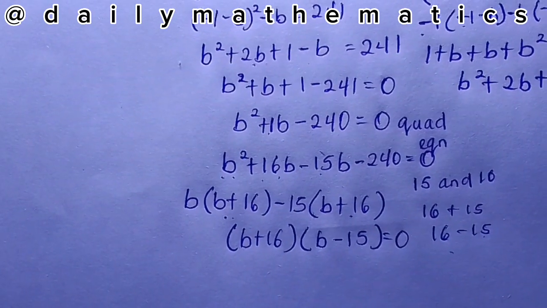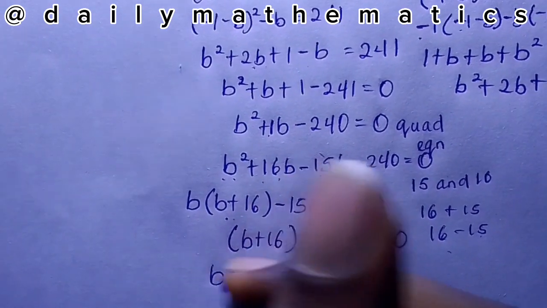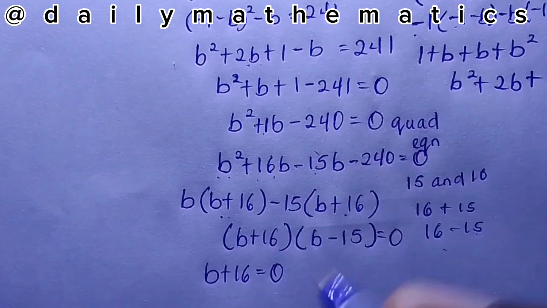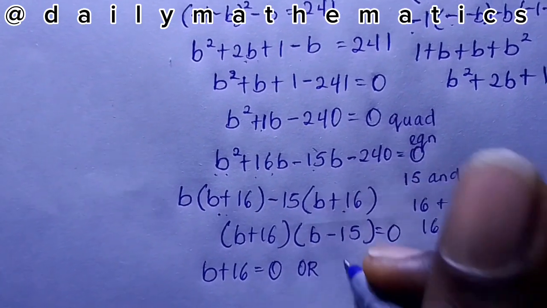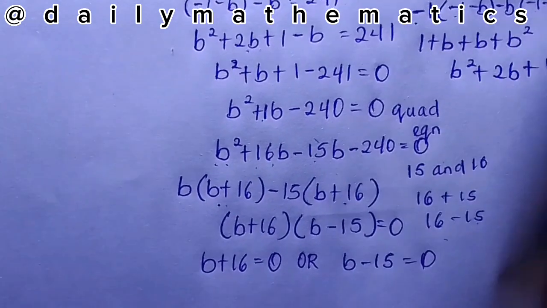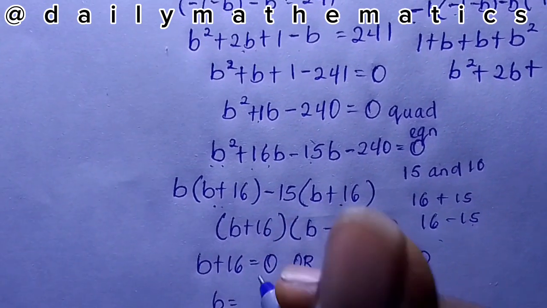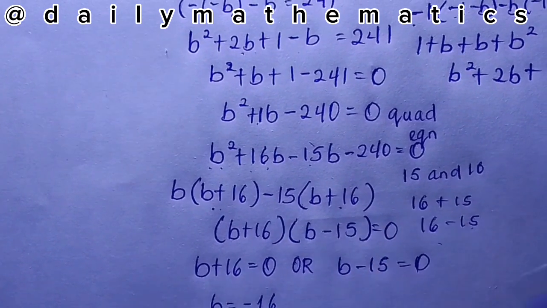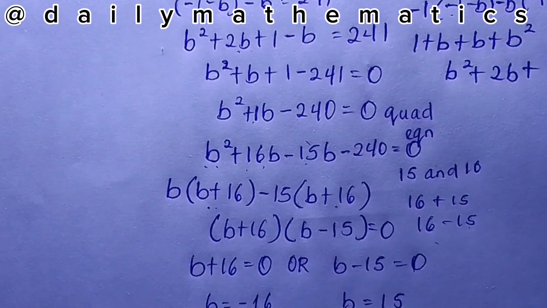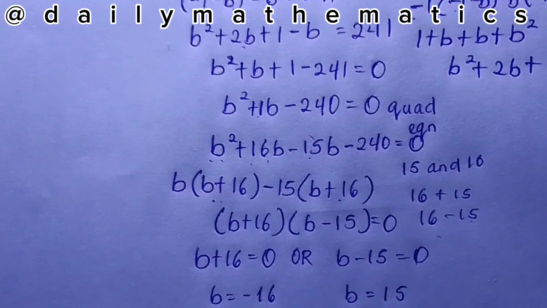We equate each bracket to 0: b plus 16 equals 0, or b minus 15 equals 0. So b equals minus 16, or b equals 15.